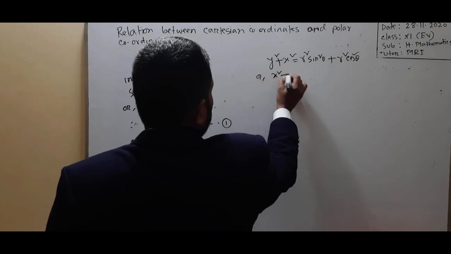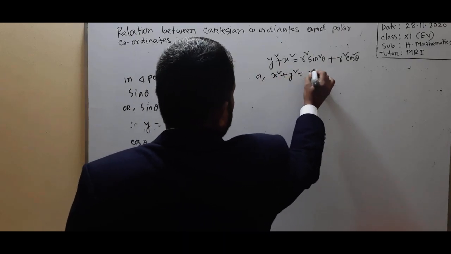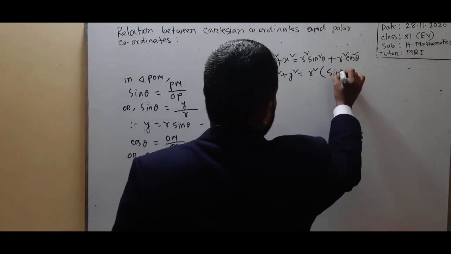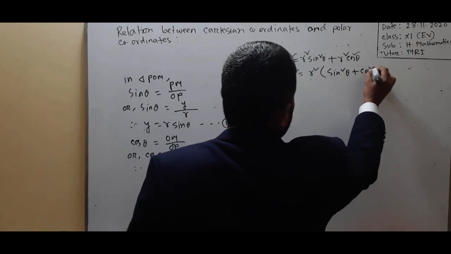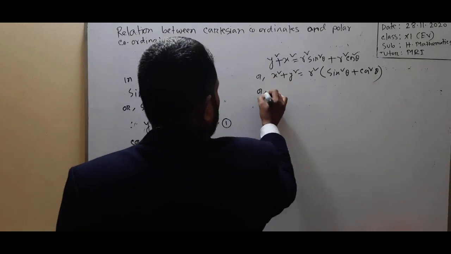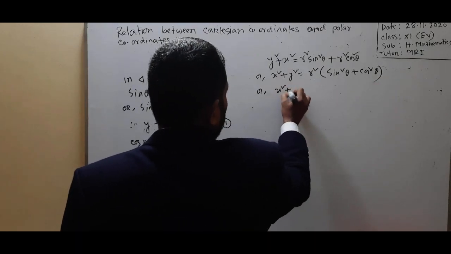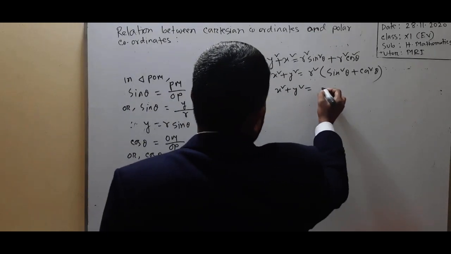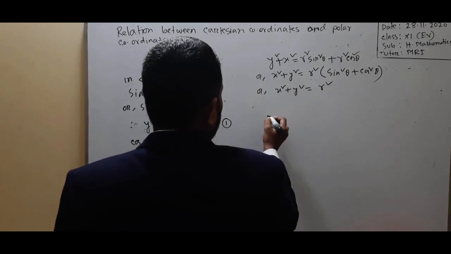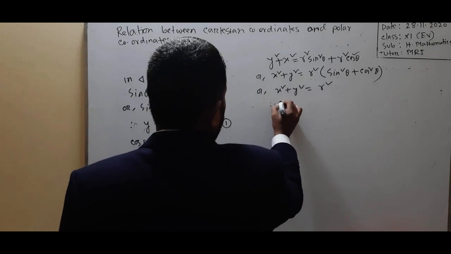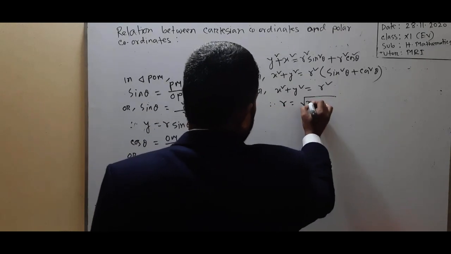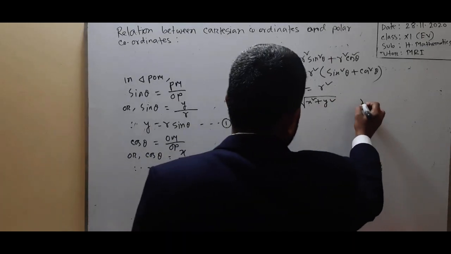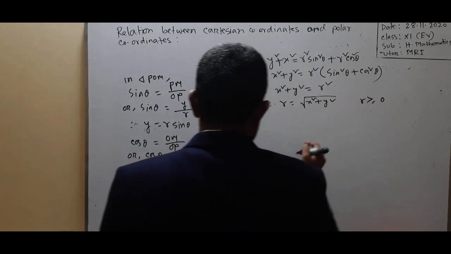Or x square plus y square is equal to, taking r square common, r square times sin square theta plus cos square theta. Since sin square theta plus cos square theta is equal to 1, we get x square plus y square is equal to r square. Therefore r is equal to square root of x square plus y square, because r is always greater than or equal to 0.